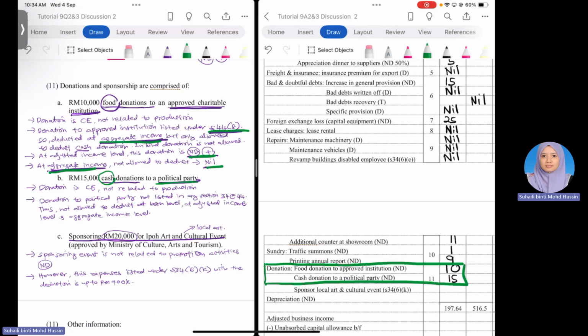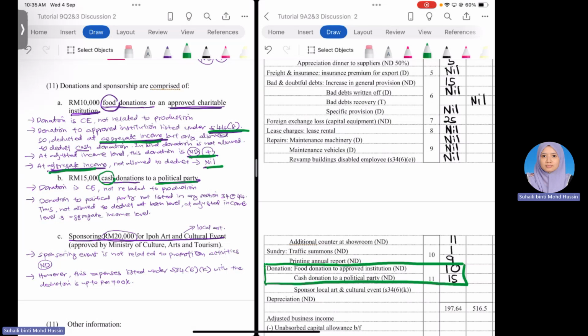Okay, 11C, we have sponsorship of 20,000 ringgit for the Ipoh Arts and Cultural Event. This is also not related to the production. Remember that the company is producing household products. When they sponsor the Ipoh Art and Culture, we have to remember that this is not related to the production.